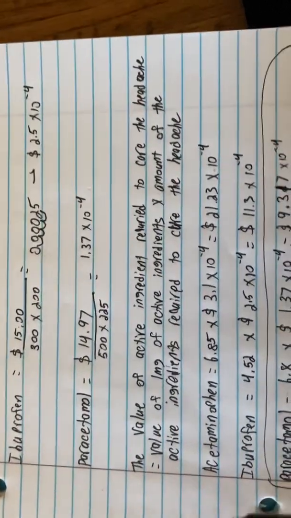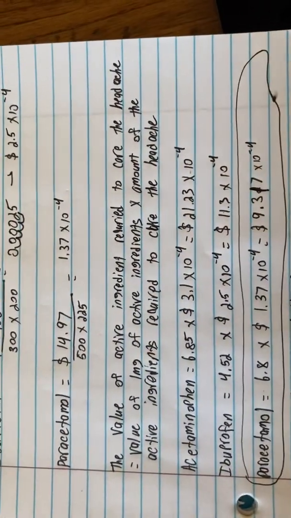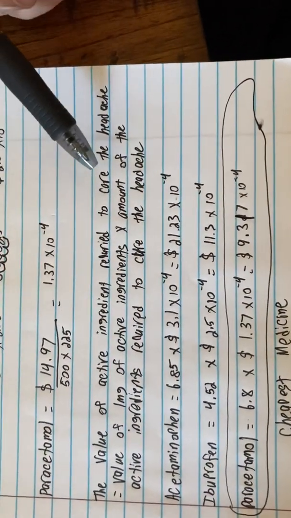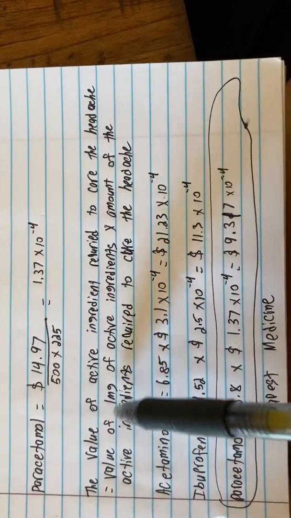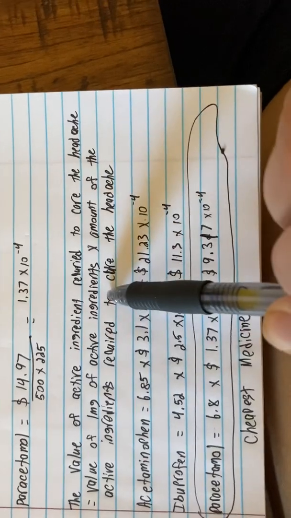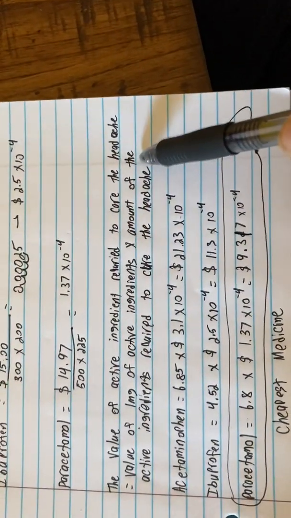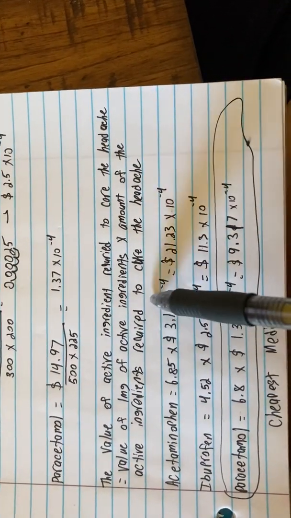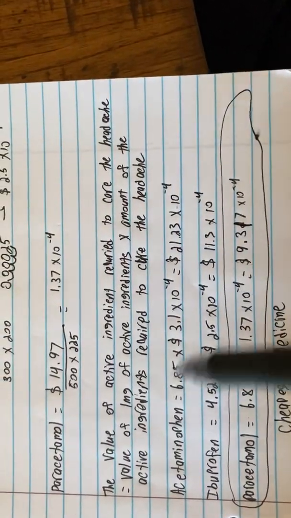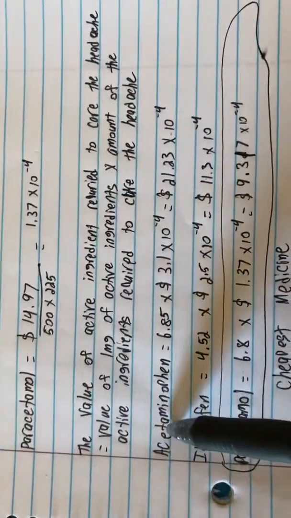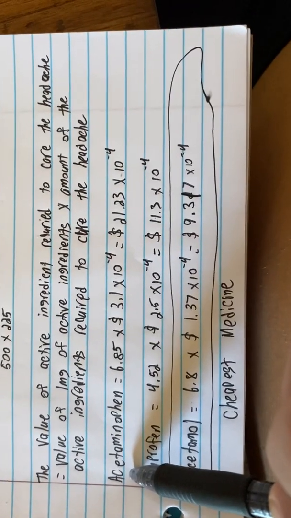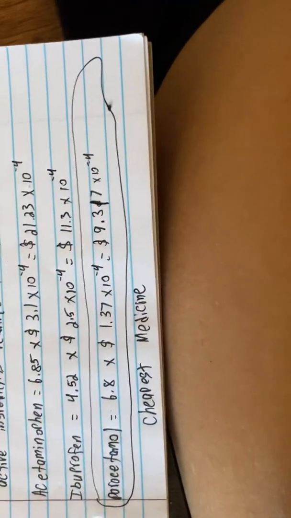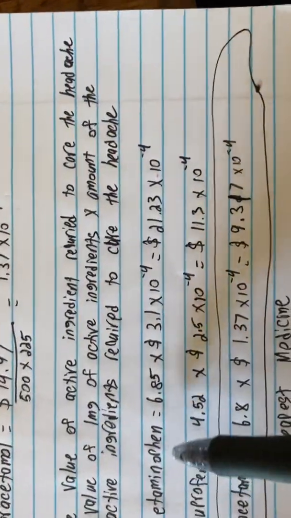All right, next you're going to find the value of active ingredient required to cure the headache, which equals the value of 1 milligram of active ingredient times the amount of the active ingredient required to cure the headache. Okay, the first one, you have acetaminophen, which is Excedrin.